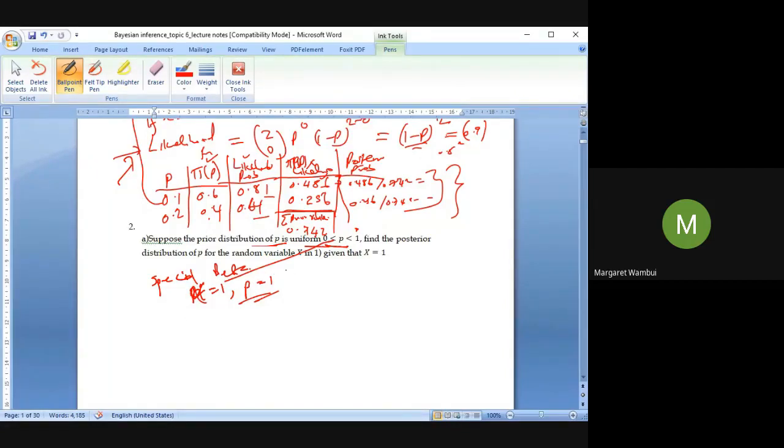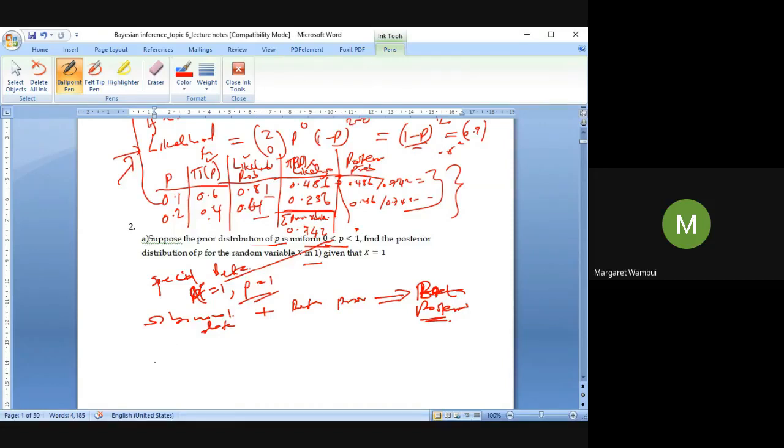Whichever the case, we know that here you are combining binomial data plus a beta prior. And we know that this usually results in a beta posterior. If it is in the exam, I would have you work it out.